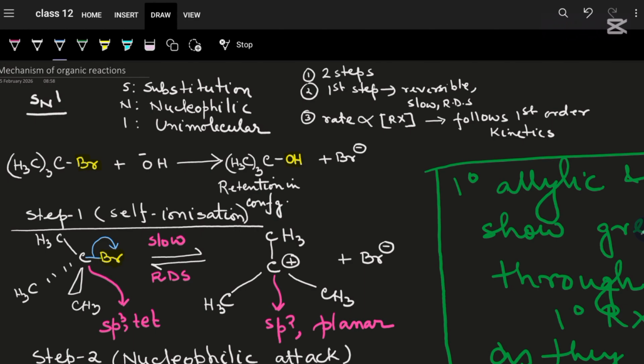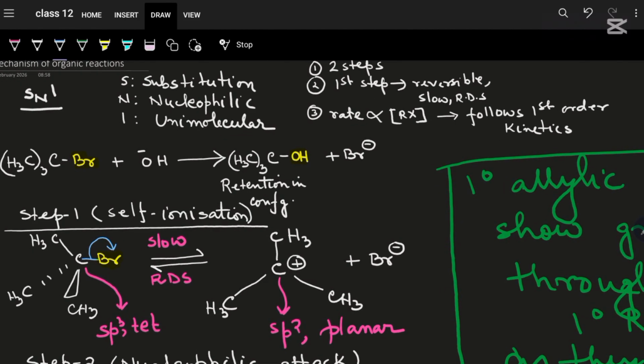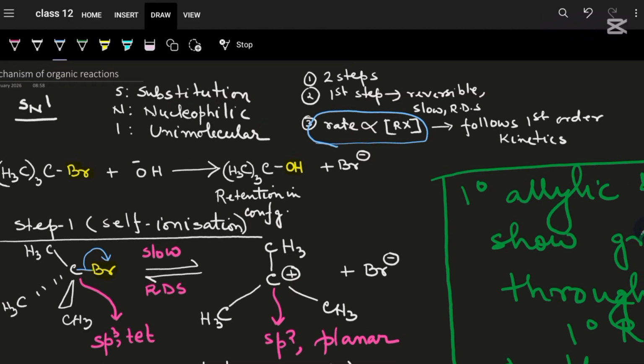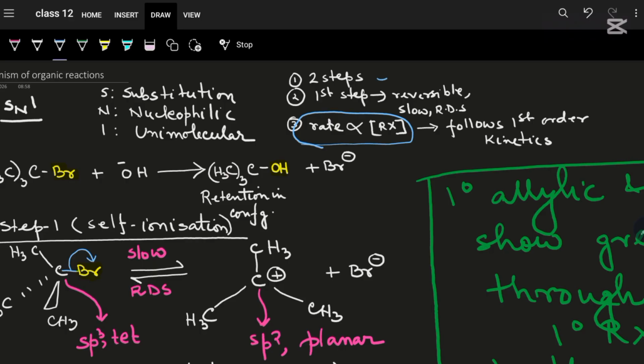So here we can see the SN1 reaction. SN1 is a nucleophilic substitution reaction, unimolecular. That is, the rate of the reaction is dependent on the substrate RX only. The mechanism involves two steps.